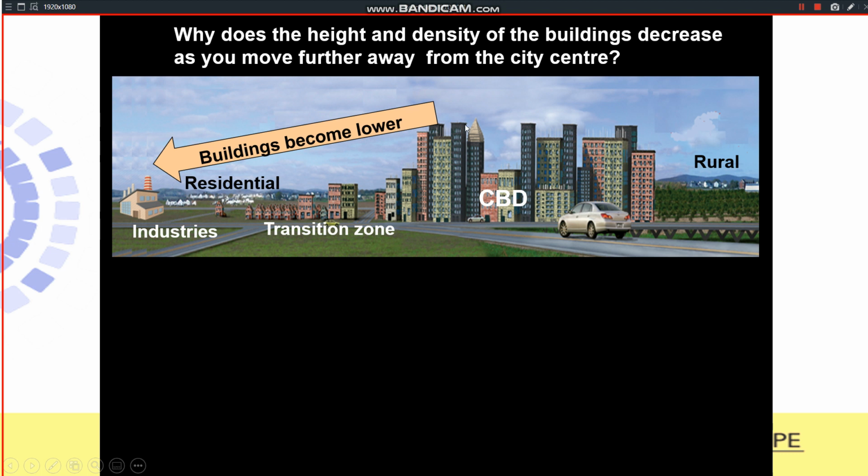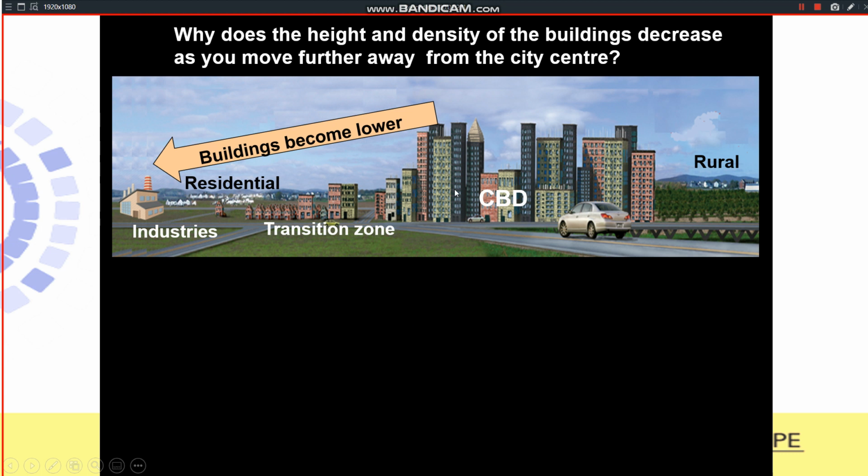You will see taller buildings here, and then as you move, as the arrow indicates, the buildings are becoming lower. So, what does this mean? As you move from the city and you move to your surrounding areas, the buildings and the density of the buildings actually becomes lower, or they decrease.